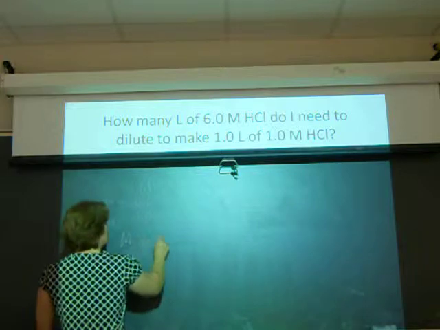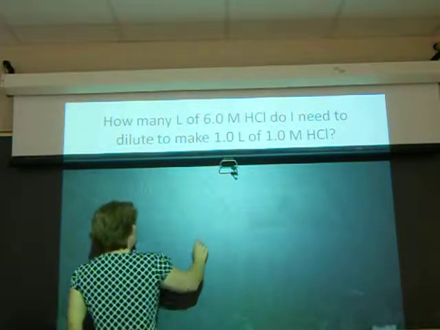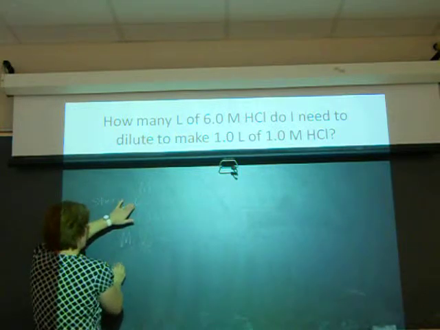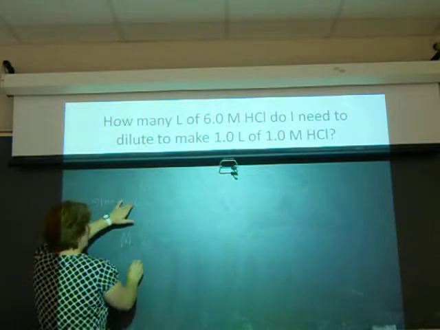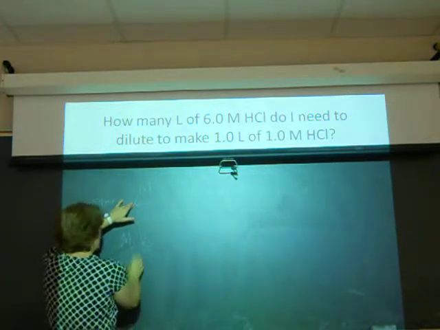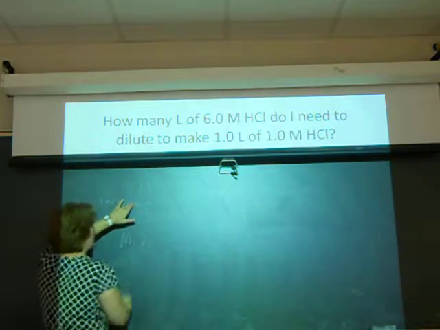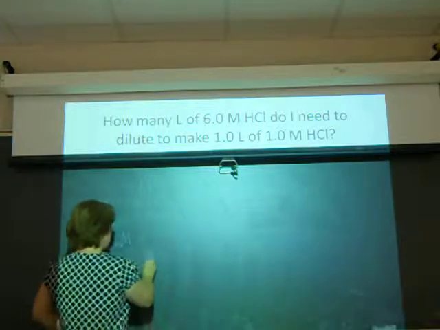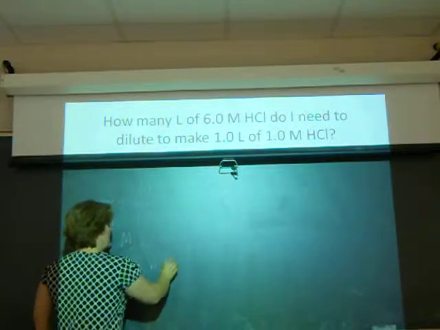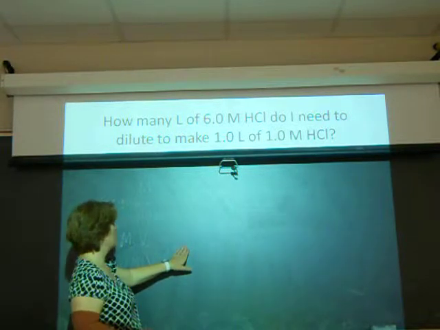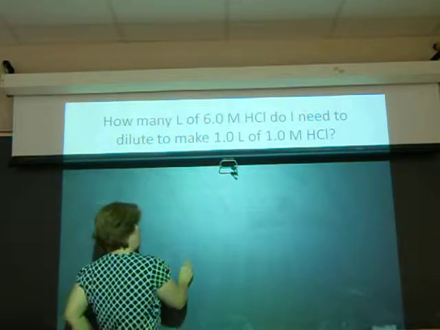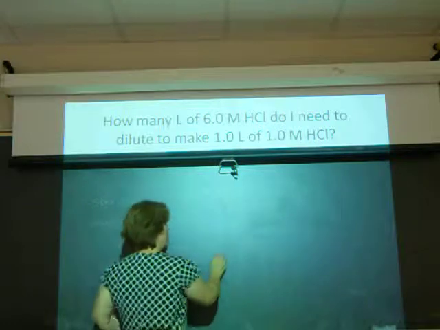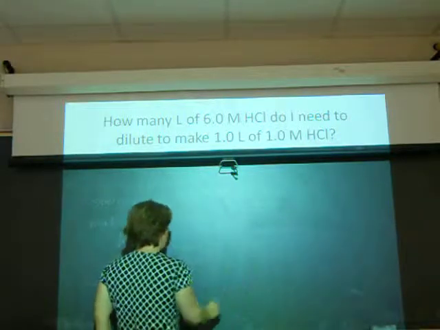MS VS equals MW VW. So I'm going to put 6.0, and I can use capital M or I can use moles per liter. I'll use capital M. This is the thing I don't know, so I'm just going to leave V, equals the molarity of the weak, 1.0 molar, times the volume, 1.0 liter.